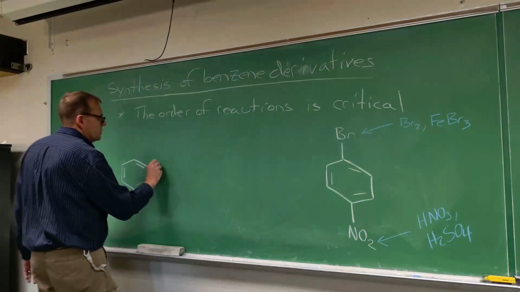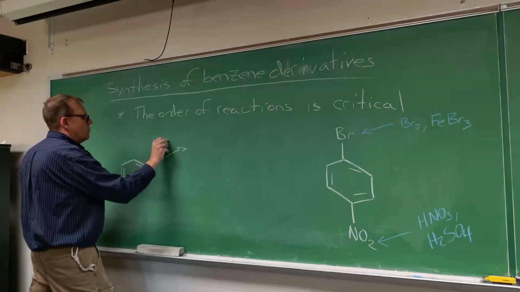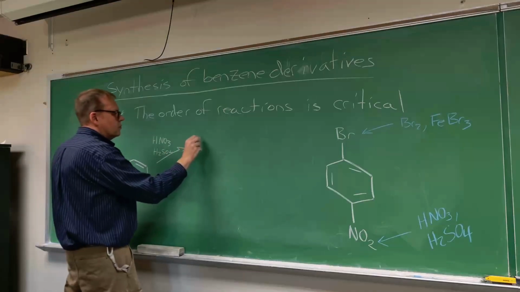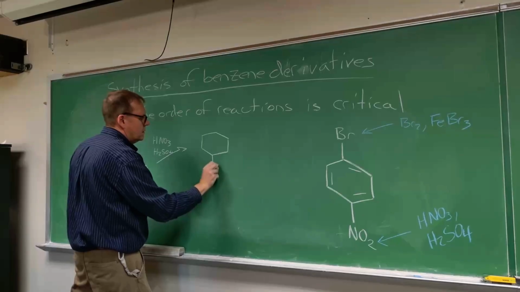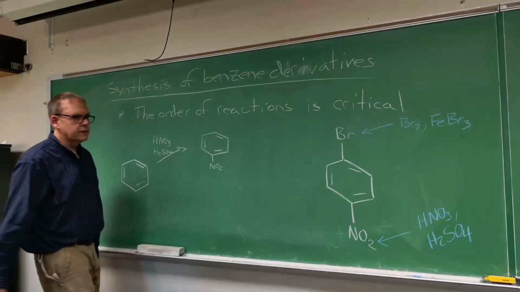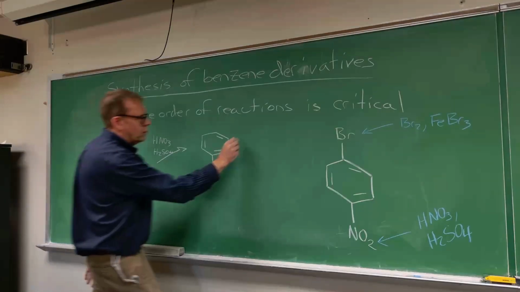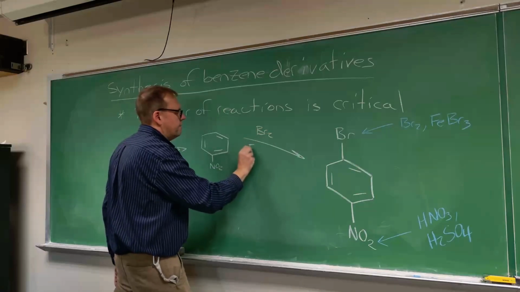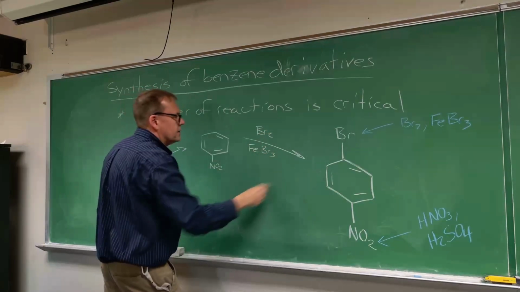If we do a nitration first, if we first do HNO3, H2SO4, we put a nitro group on the ring. The problem with this is that this is a meta director. So the next group that goes on is going to go in the meta position. So when you do the second step, Br2 and FeBr3, the result isn't this.